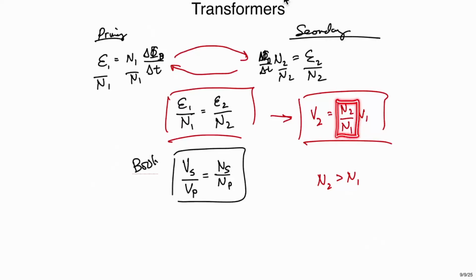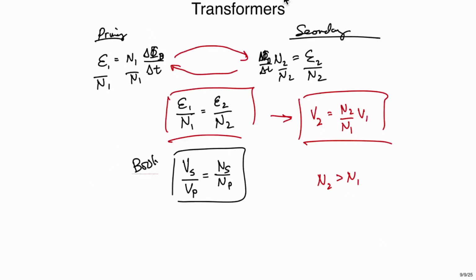It's bigger, right? So that means that V2 will be bigger than V1. And if the factor is a factor of 10, like my example, 100 versus 1,000, then if the input's 5 volts, the output would be 50 volts, right? It's whatever the ratio of turns turns out to be the ratio for the voltages.